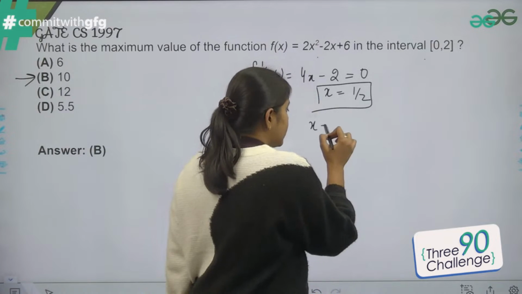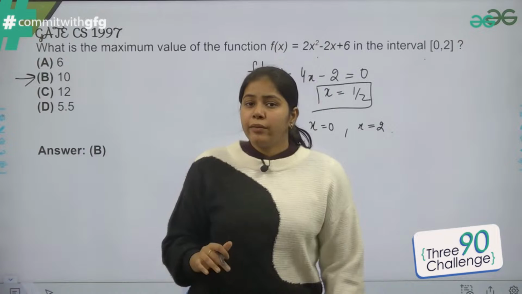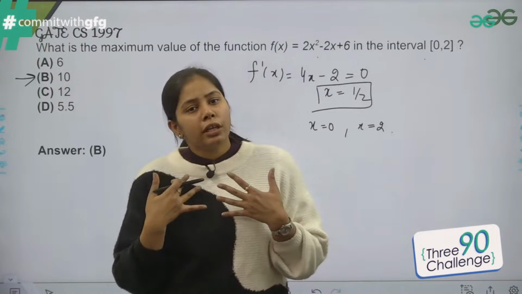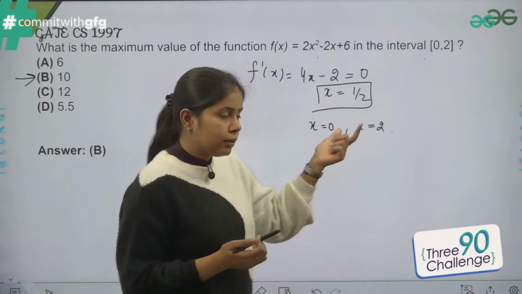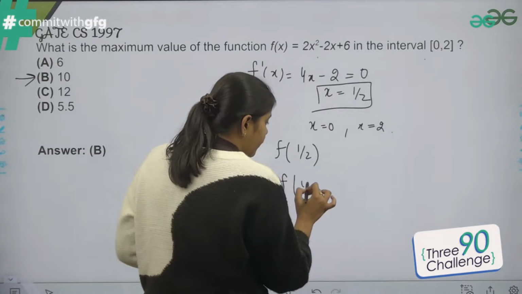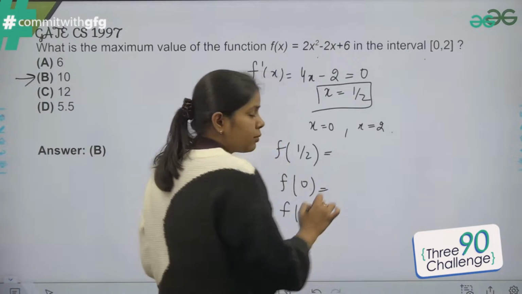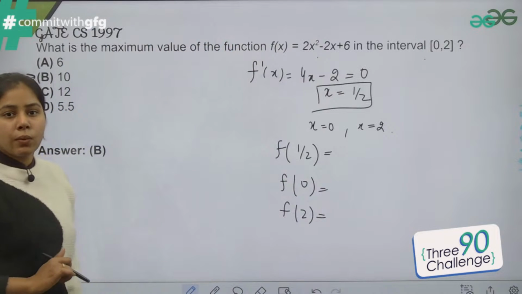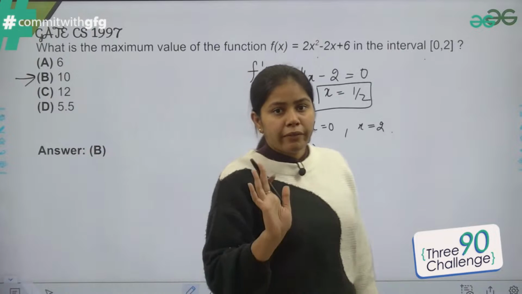So here x equals 0 and x equals 2 are my critical points. When you are given a closed interval, you do not need the second derivative test. Just find the values at these critical points: f of 1 by 2, f of 0, and f of 2. Out of these three values, the maximum is the maximum value for the function 2x square minus 2x plus 6. I hope everyone gets it.